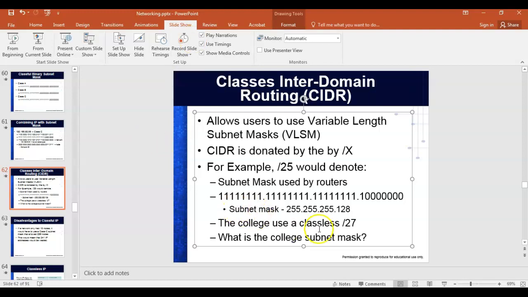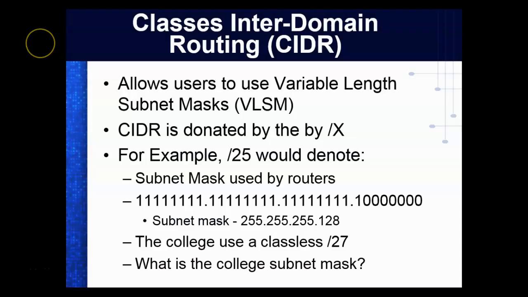So for a /25 subnet mask, what would be the college subnet mask? What we would do is come up here to a /27. Let me go from my current client side.